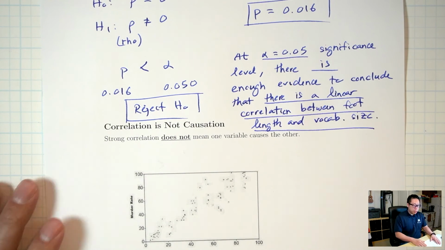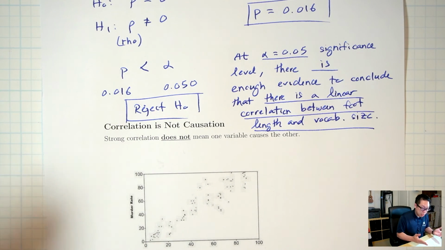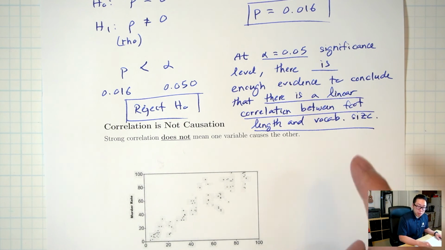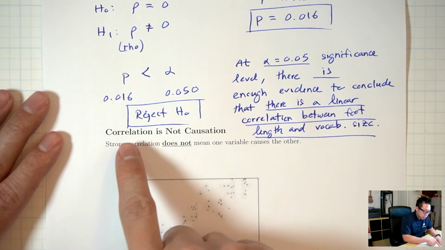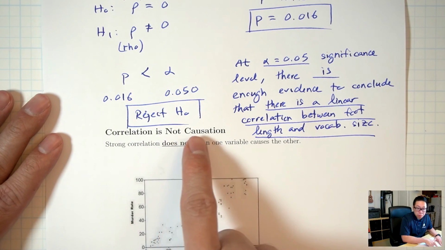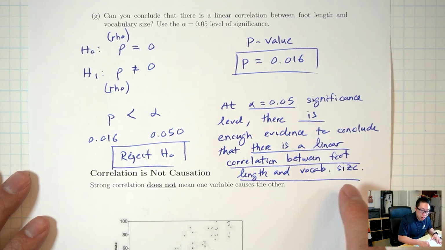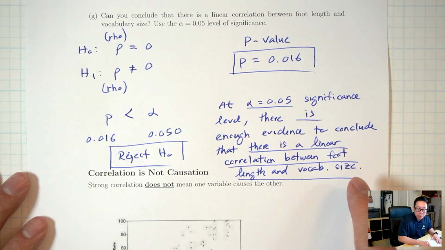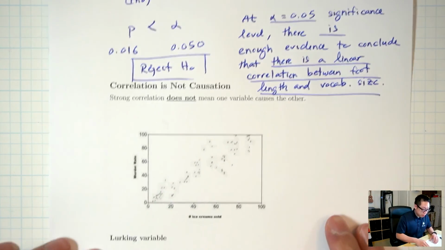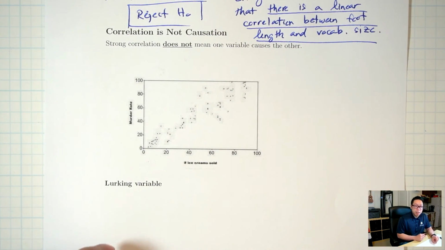Okay, so we came to the conclusion that there is a linear correlation between foot length and vocabulary size. So there is some relationship between foot length and vocabulary size. So it's important to note that correlation does not equal causation. Just because two variables are correlated doesn't mean that one directly causes the other, right? Foot length doesn't cause vocabulary size, right? There could be a lurking variable, another variable that's actually a better explanation for the cause, right?